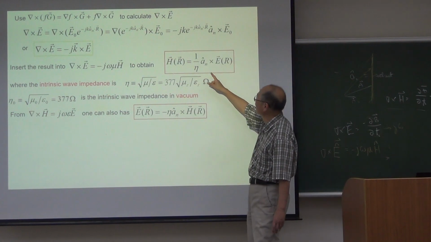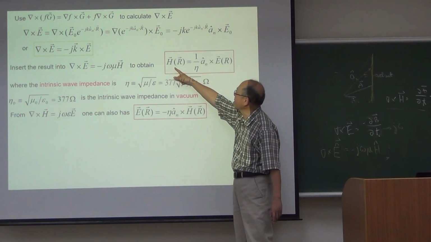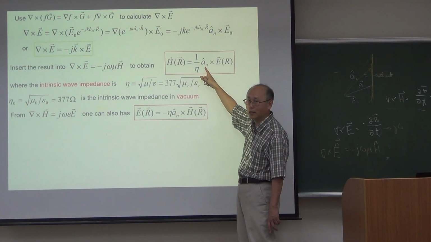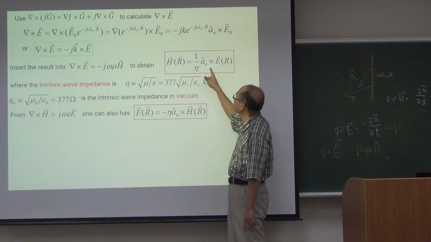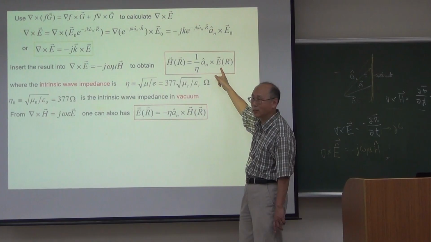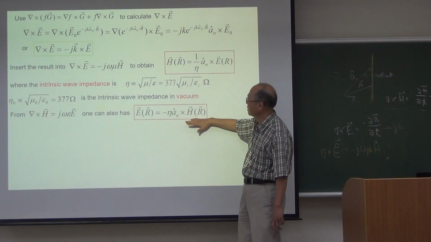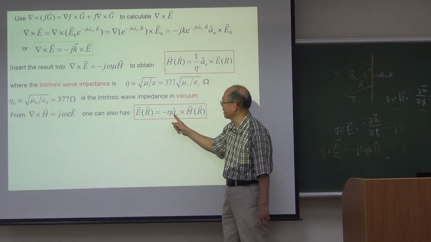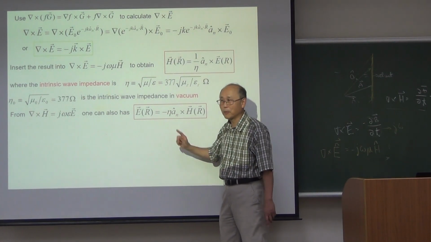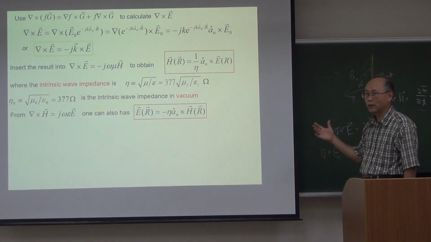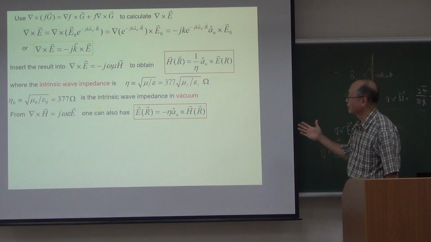Previously you knew that this one is perpendicular to the surface normal direction of the wavefront, and this one is perpendicular to the electric field direction, but we did not know the directional relationship between these two. But with this, now you understand they are perpendicular to each other, and they follow the right-hand rule.